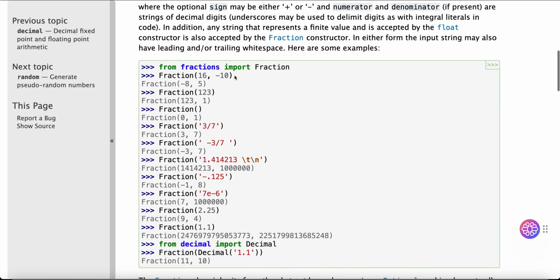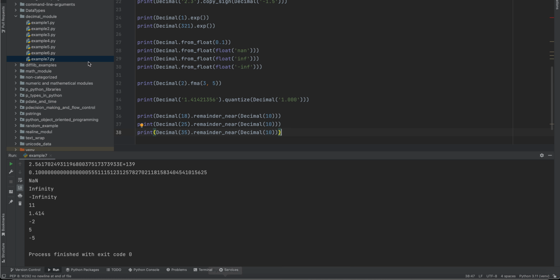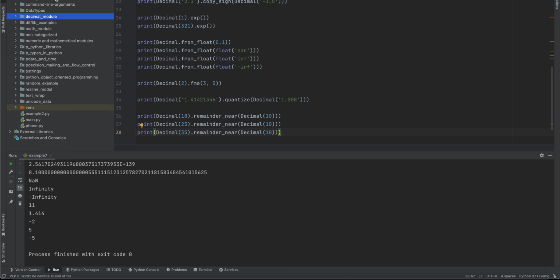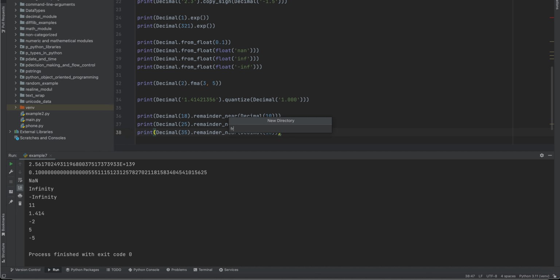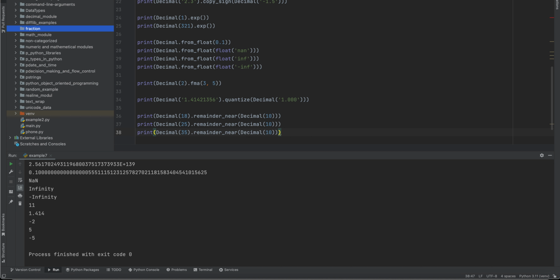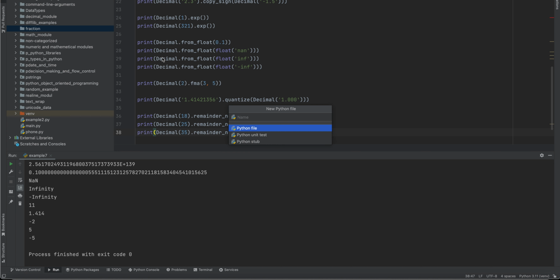Here are some examples. From fractions import Fraction. Fraction module, Example 1.